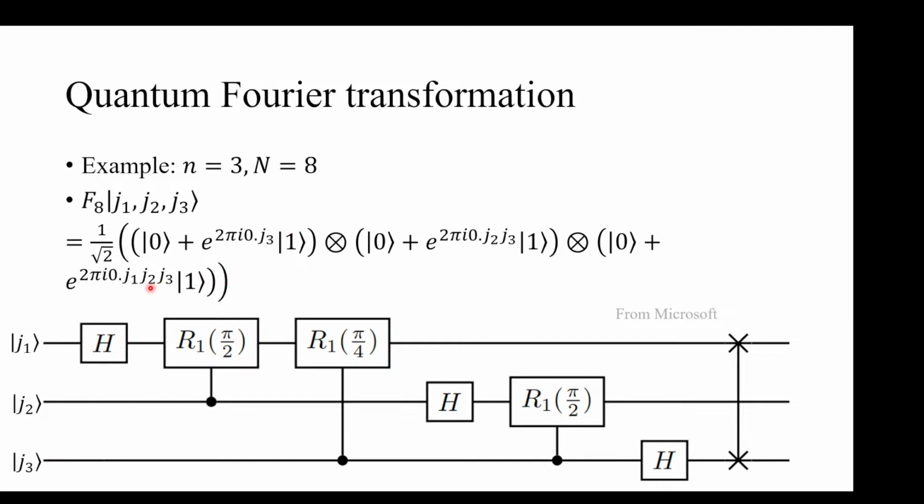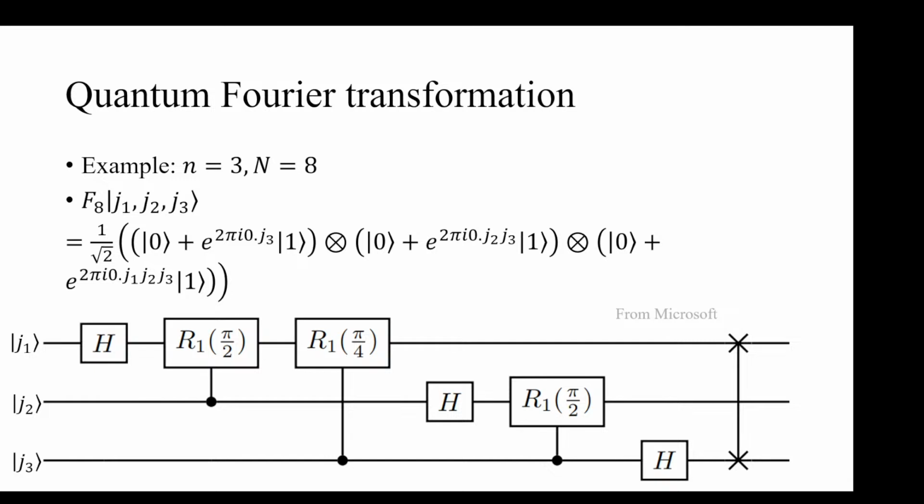So the end result should be 1 over square root 2 times |0> plus e to the 2 pi i 0.j3 |1>, tensor |0> plus e to the 2 pi i 0.j2j3 |1>, tensor |0> plus e to the 2 pi i 0.j1j2j3 |1>, and that's exactly those three qubits here.